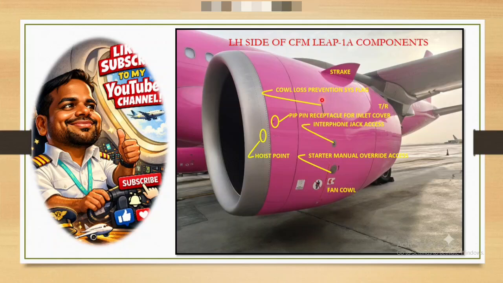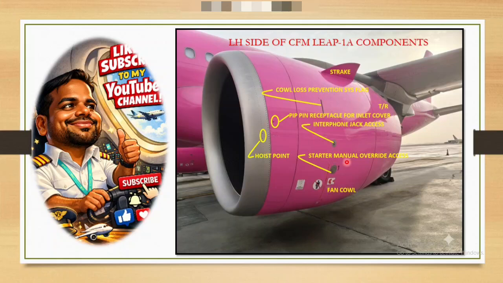You'll find this flag, which will open once you open the first latch, L1 latch 1. That is interlinked with the coaxial shaft to the cowl loss prevention system flag. Then this flag will open, which will indicate the fan cowl is not locked properly. So this is a physical indication to know whether the fan cowl is locked or not.